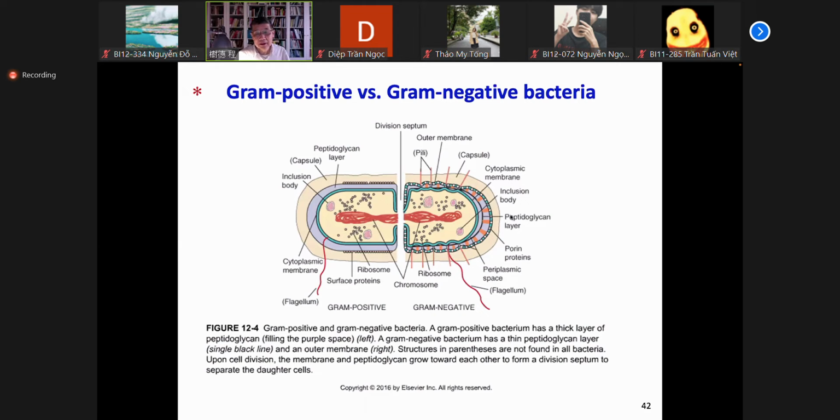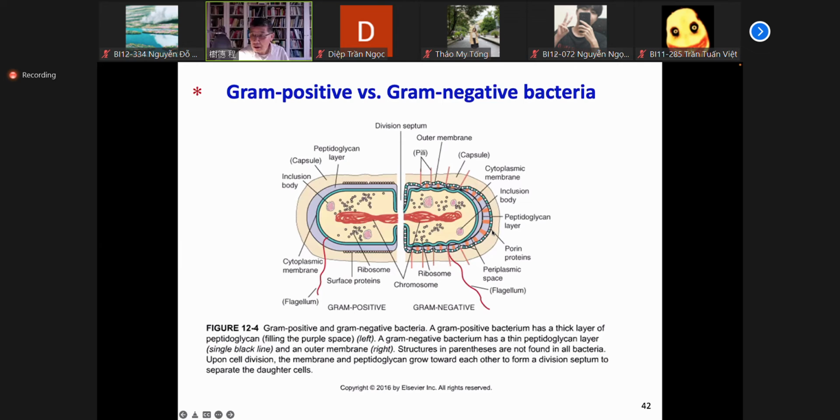And on the right side is the gram-negative bacteria. In gram-negative ones, we can see much more structures. Outside of the cytoplasmic membrane, there is the peptidoglycan, here a very thin peptidoglycan. And another layer, called the outer membrane.